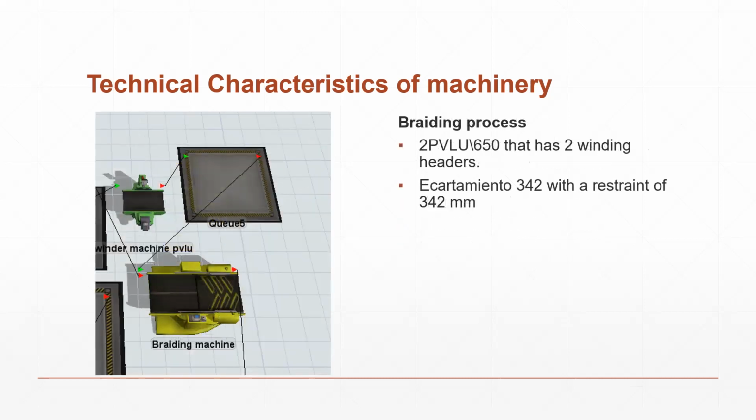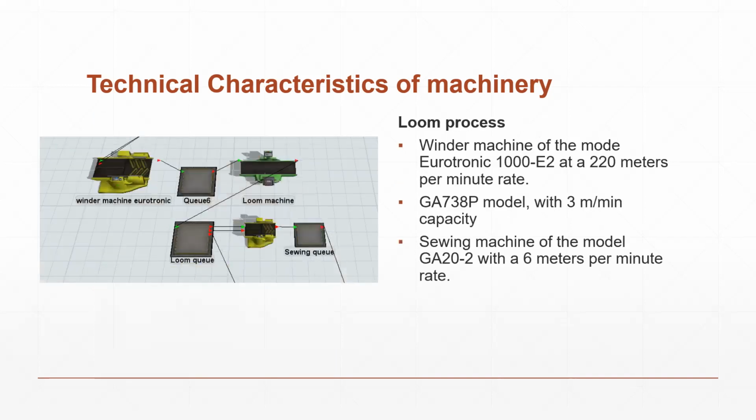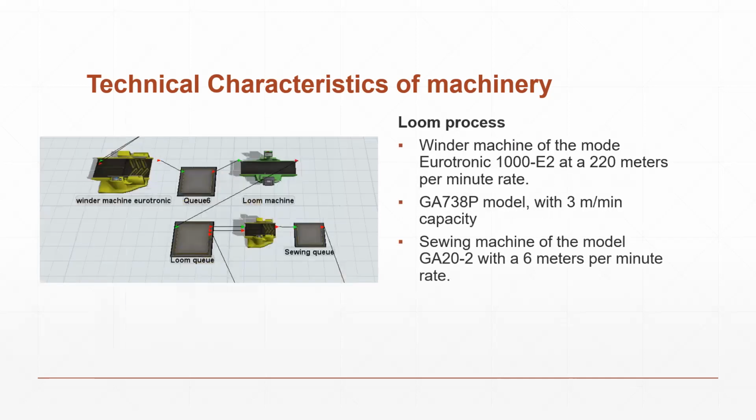The winding process. For the first step, a winding machine with 1 kilometer capacity. The next process uses another winder machine with 200 meters.